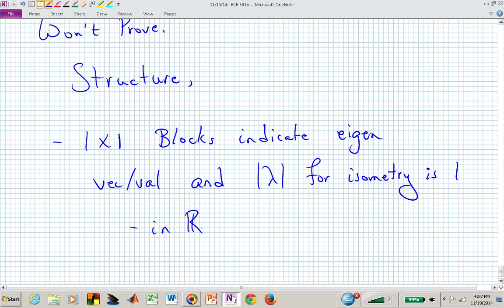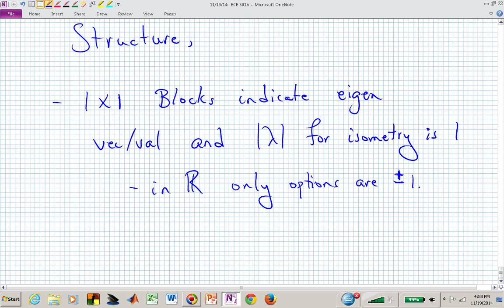If we're dealing in a real inner product space with 1 by 1 blocks, then our only option with real numbers is to have them equal to plus or minus 1. These 1 by 1 blocks for an isometry. If it's complex, then we just have the absolute value of those lambdas is equal to 1.